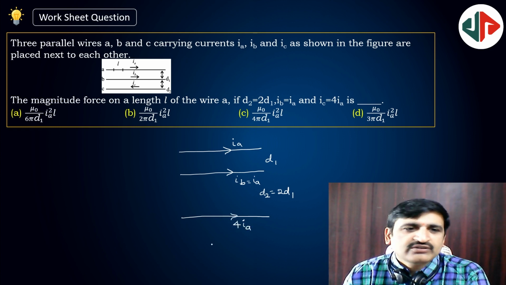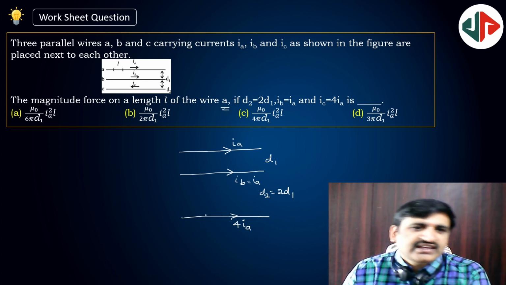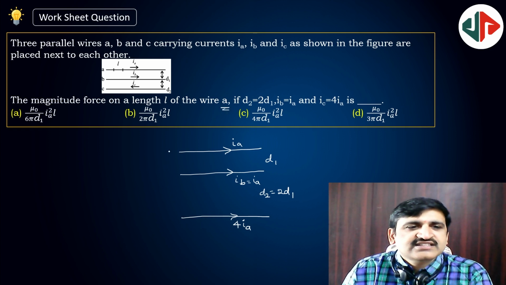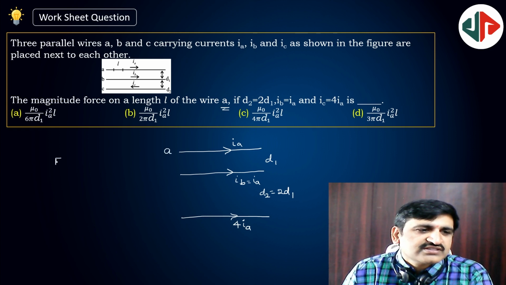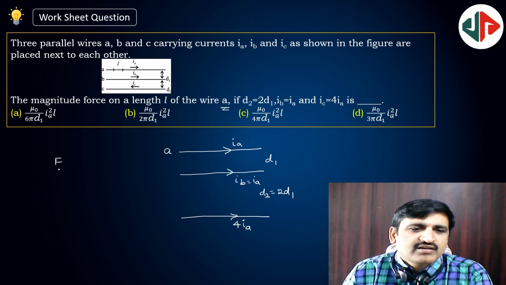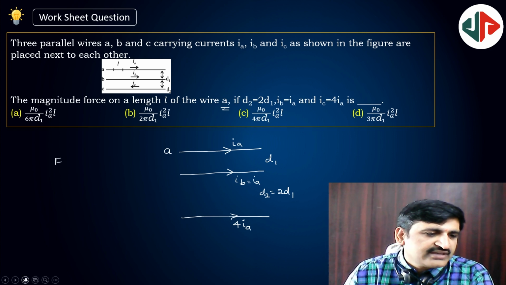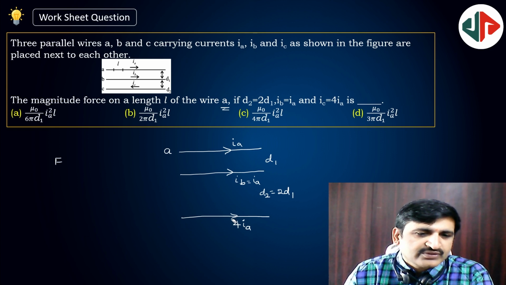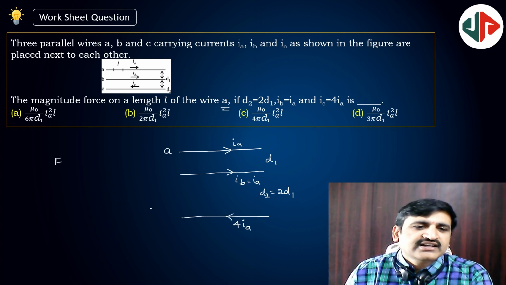Now, the force on the conductor wire A. See, all the currents are not traveling in the same direction. That also I noticed. Force between two parallel conductors, what is that?